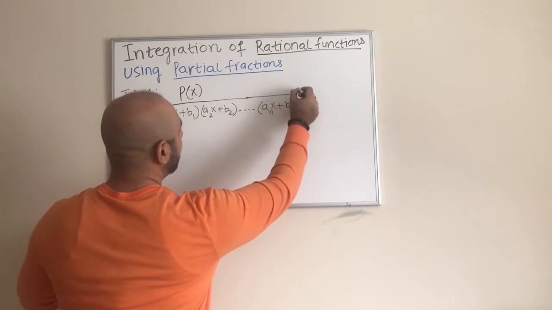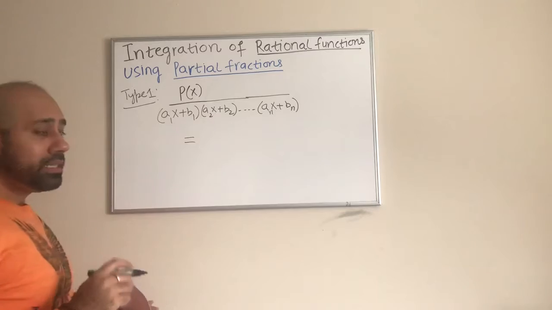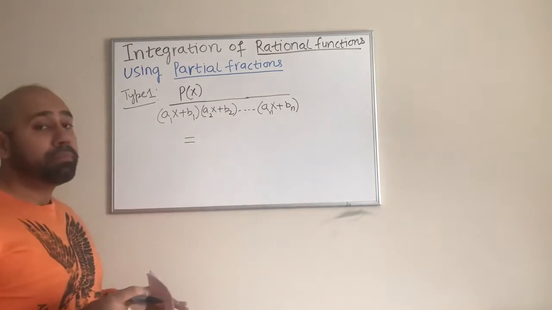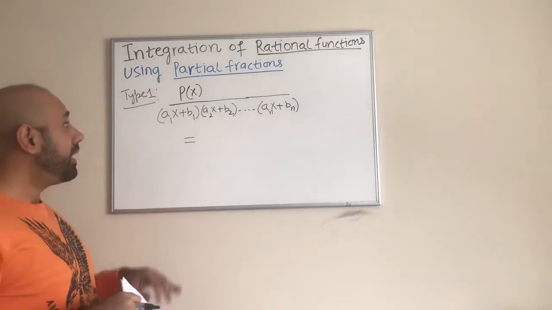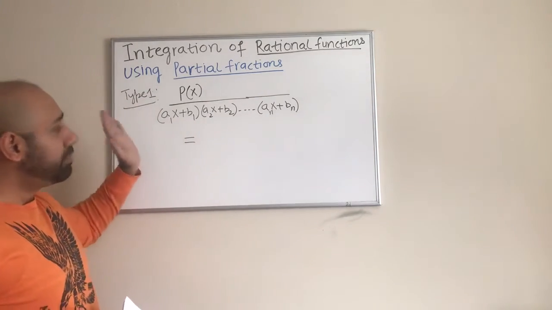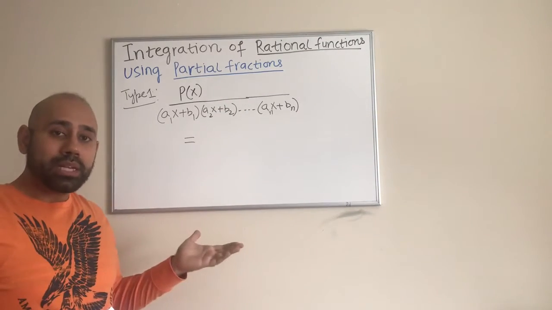So if we have something like this, then this can be written out into different pieces, and that is the whole idea of using the partial decomposition. If I have a rational function in this form, then we can break it down into several pieces. And why do we want to break it down into several pieces?